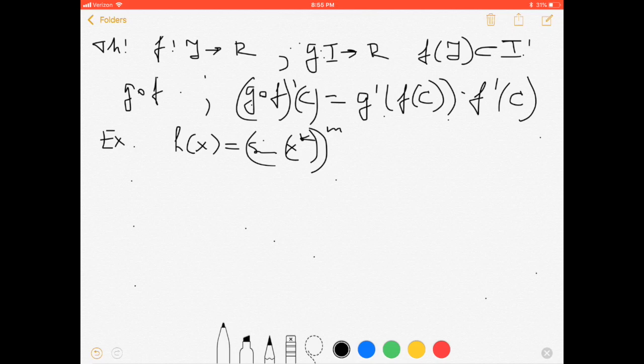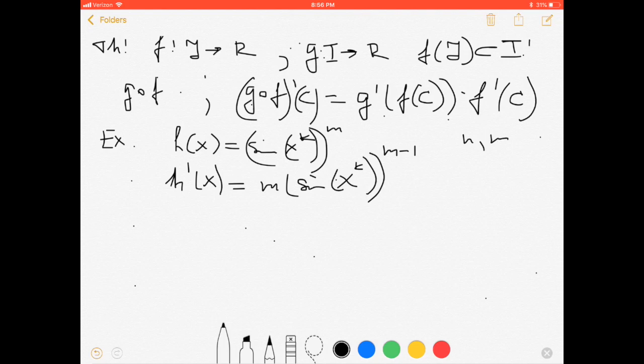Okay, what will be the derivative here? h prime x. First we take the derivative of the power function with power m. It will be m, same base, but the power is now one less, m minus 1.